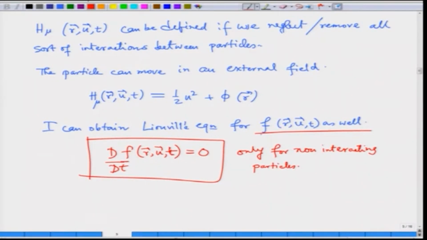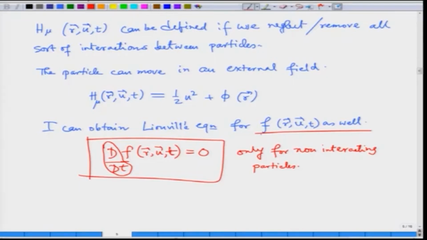So, if your df dt is equal to 0, then what is the meaning of the corresponding d/dt? That is something very interesting. Here d/dt means, so in gamma space, if you remember, that d/dt was along the trajectory of evolution of one single point of gamma space. That means, the evolution from one global state having 6n coordinates to any other subsequent global states.